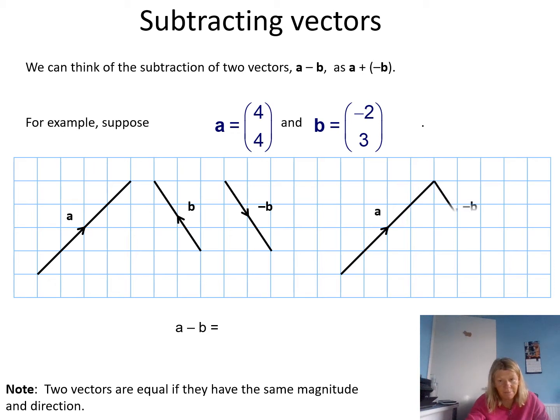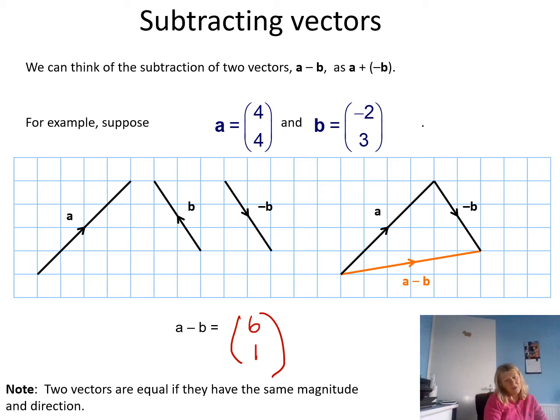So, a take b would look like that. And you can see from counting the squares there, 1, 2, 3, 4, 5, 6, it's gone up 1. We can also get that 6, 1 from doing a subtract b. So 4 take minus 2 is 6. 4 take 3 is 1.